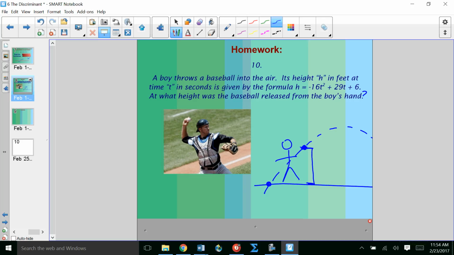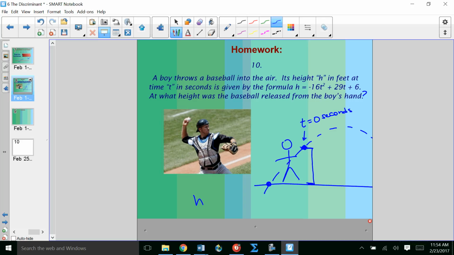So we have to figure out what this height above the ground is. When you're looking at a problem like this, you have to think about when the time starts. The time is going to start when he releases this ball. So right at the moment he releases, this point has a time of 0 seconds.